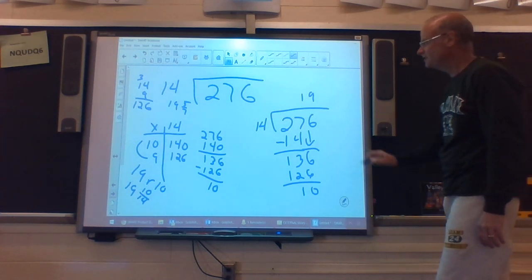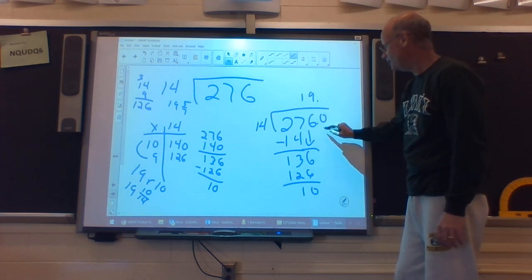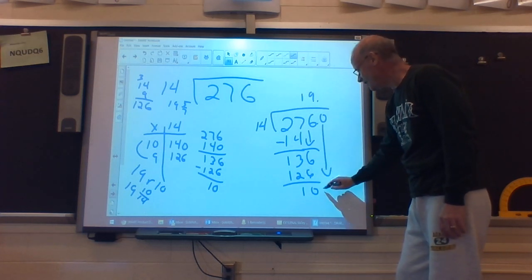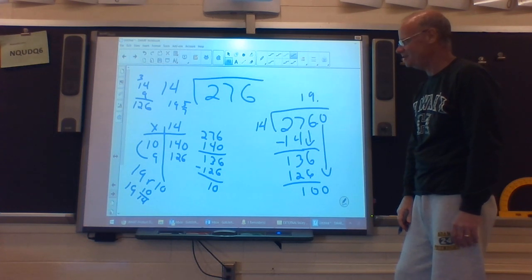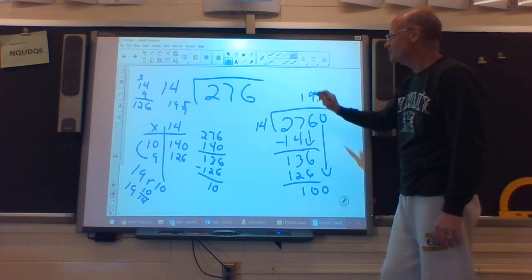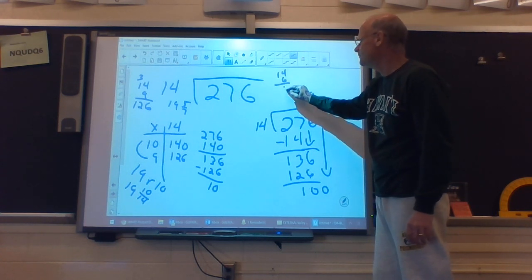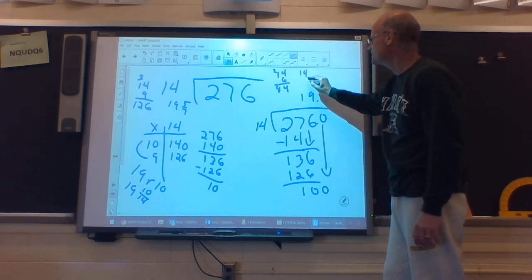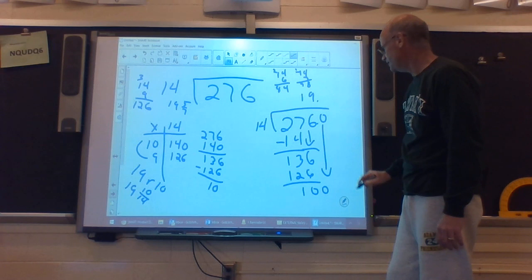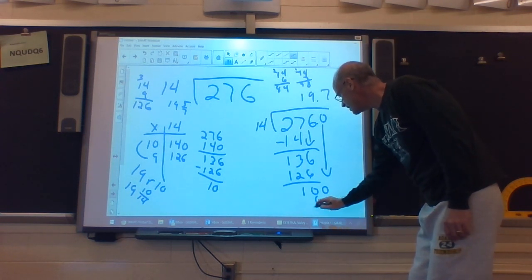Here's a little secret. If I want to find the decimal point out here, I'm just going to tack another 0 on there to bring down that 10. How many 14s are there in 100? I'm going to try 14 times 6 is 24 to 84. I'm going to try 14 times 7, 8, 2, that's 98. So I know that's 7. That's 98.